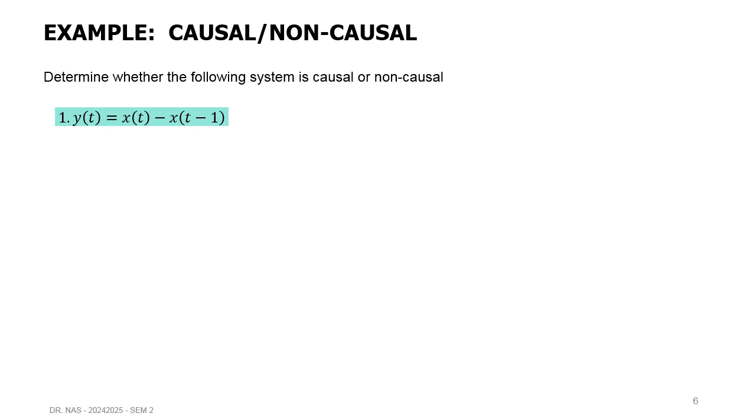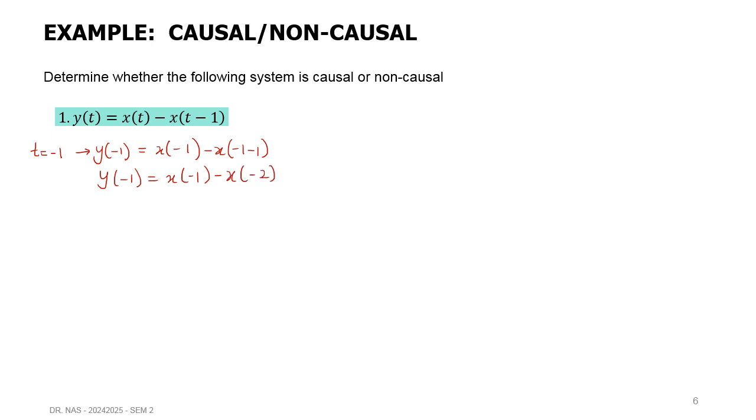Alright, so let's try with t equal to minus 1. Okay, this is in the past. So what happened to your y? y(-1) equal to x(-1) minus x(-1 minus 1). So in this case, you get y(-1) equal to x(-1) minus x(-2).